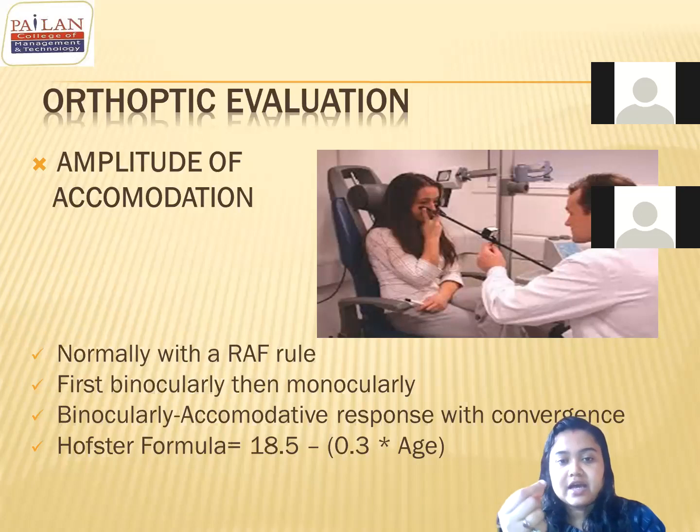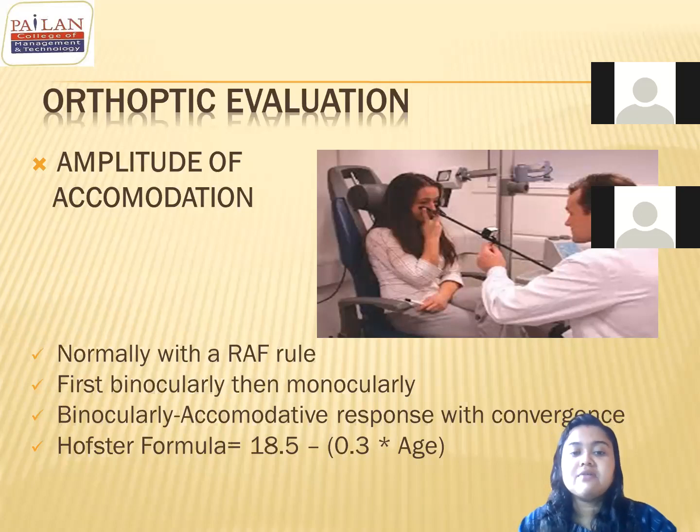Next, the RAF ruler scale has these 4 sides, right? One has the diopter, one has the centimeter, one has the age, and another one, I think inches or something. So whatever diopter value you are getting, you can relate with the centimeter value in the RAF ruler.